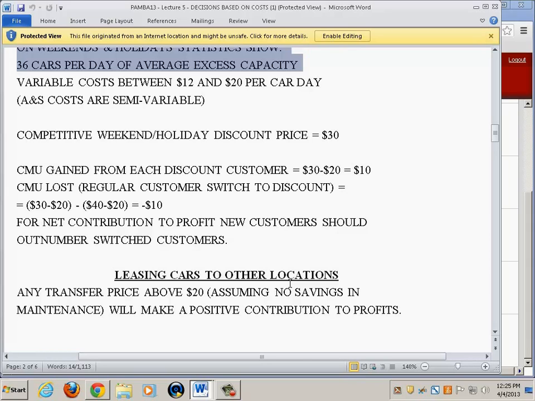And they will induce you to shift demand from peak so that they don't have to construct or put in more capacity at peak. So that's another example of differential pricing, where the relevant costs are the incremental costs when there's excess capacity and avoiding the costs of putting in extra capacity.